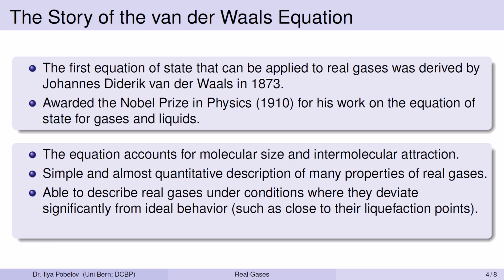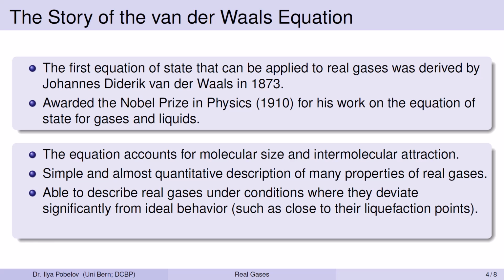The van der Waals equation is especially notable for its ability to describe real gases under conditions where they deviate significantly from ideal behavior, such as close to their liquefaction points. Moreover, during the period when van der Waals introduced his equation, the very existence of molecules was still a topic of debate among scientists.